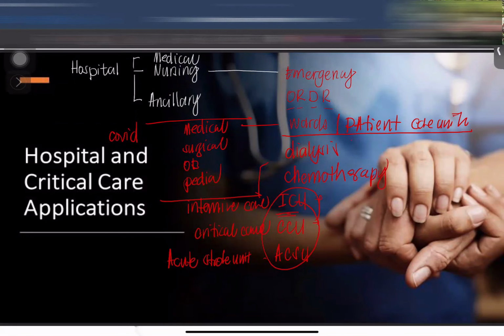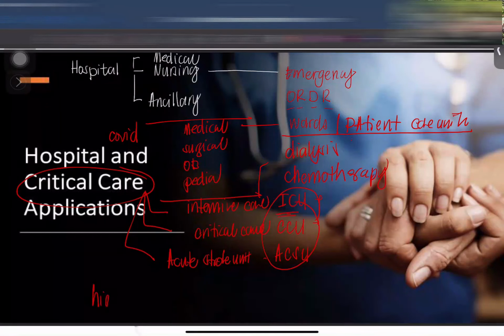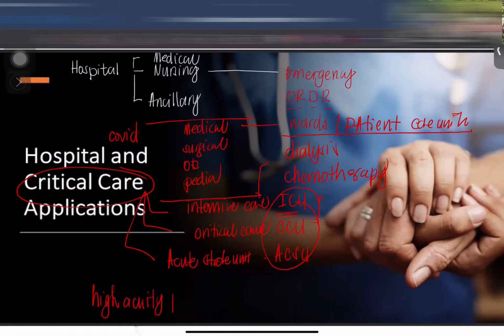So why am I talking about those parts of the hospital? Because, as you can see on the slides, we will be learning about critical care applications. Critical care applications concern patients admitted in your intensive care unit, critical care unit, ACSU, and any other care for high acuity patients. Class, we use the term high acuity patients.